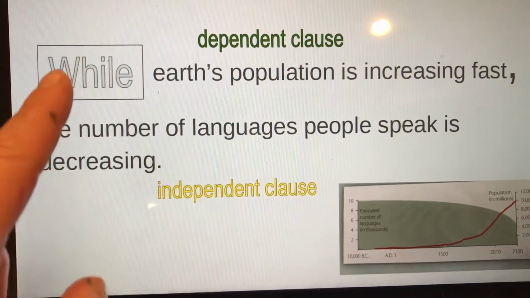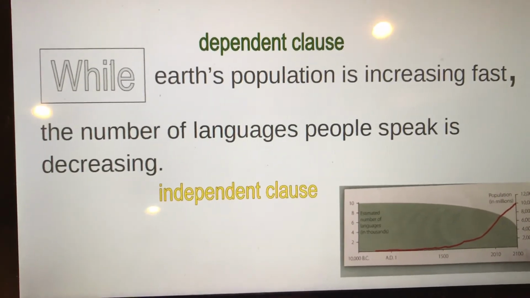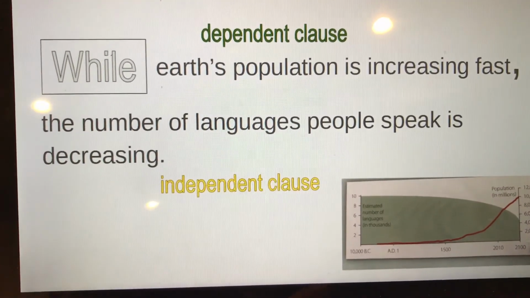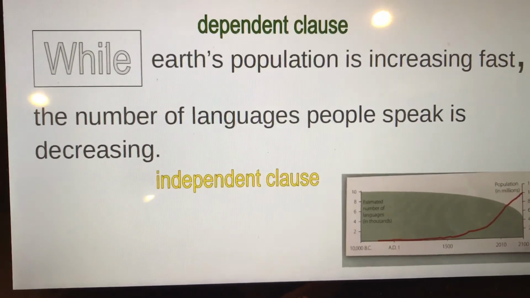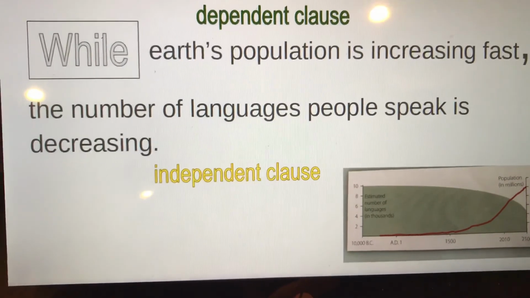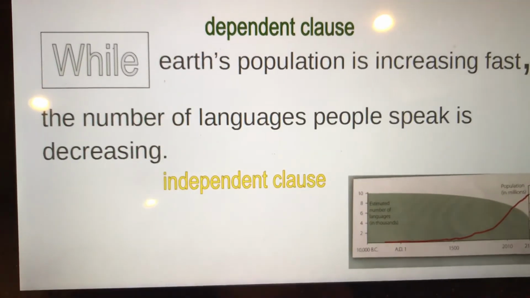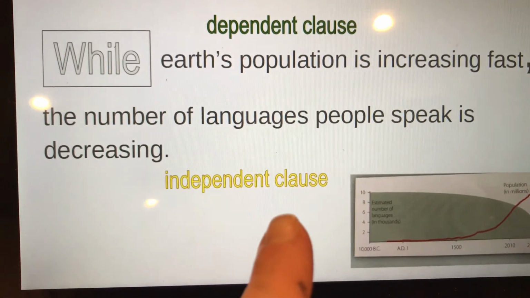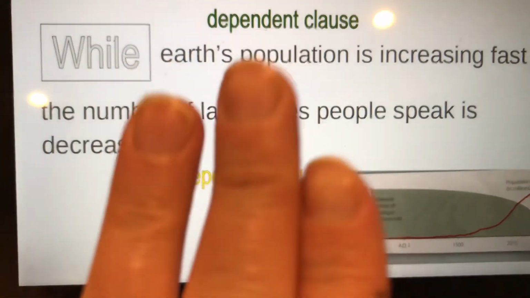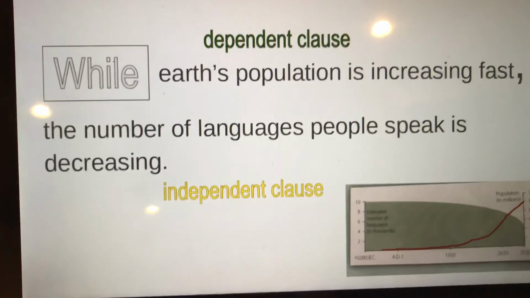Because of this special word. Listen. While Earth's population is increasing fast, can you hear how it's not complete? We're waiting for the so what. So this now is the dependent clause. So dependent clause, independent clause, special word, those three things make this a complex sentence.